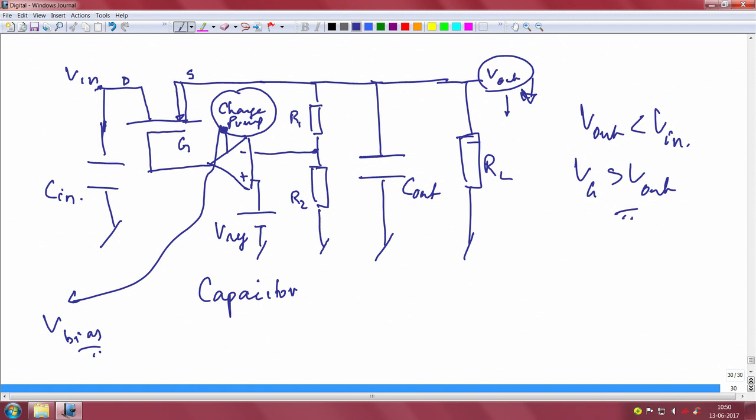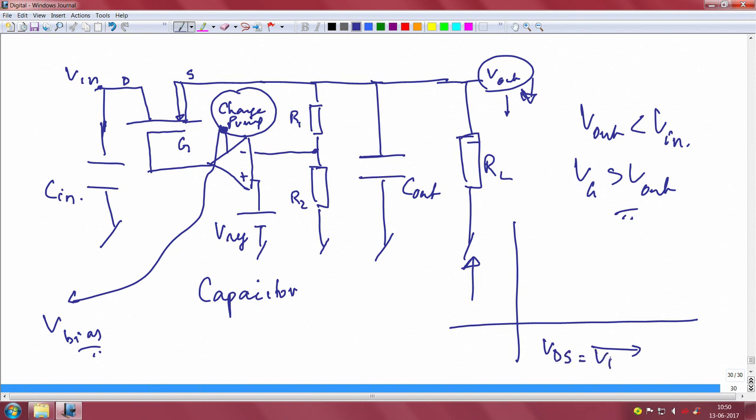Let us go step by step and understand these loading conditions carefully, and let us see exactly how this LDO actually functions. For that, what I will do is I will draw on the x axis, and on the y axis I will draw VDS. Okay, I will draw VDS, and what is VDS?